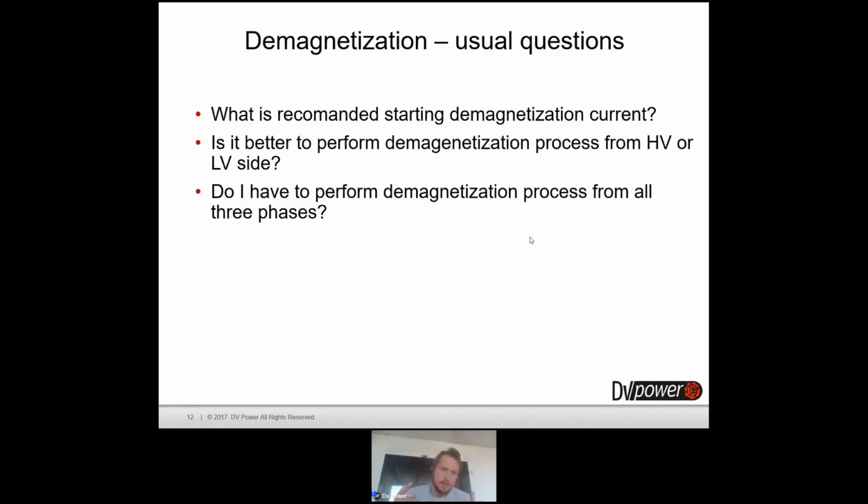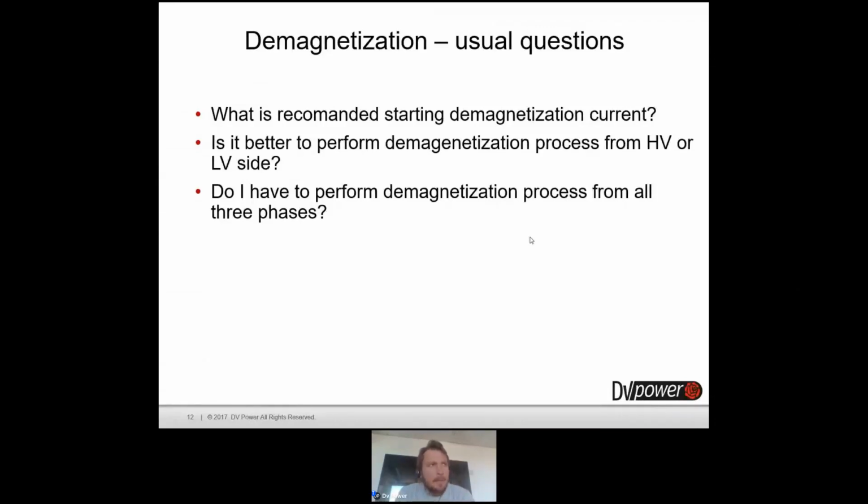It's one piece. All three legs are connected to each other. So when we demagnetize one transformer leg, the magnetic flux will flow throughout all three legs. It will fluctuate throughout the magnetic way. And in that way, we can demagnetize transformer. It is basically partially true.